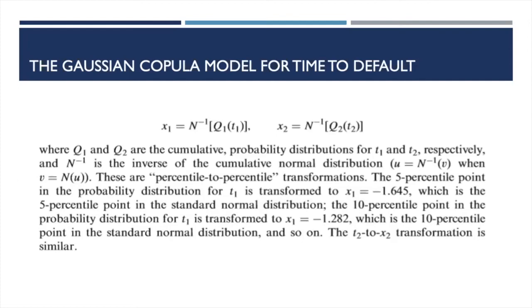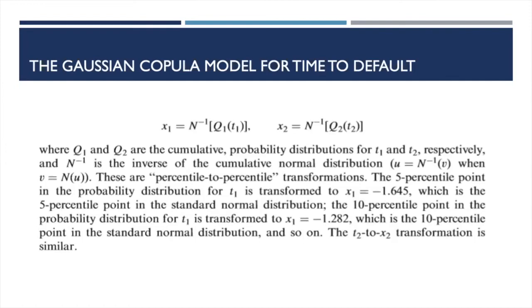The model assumes that the joint distribution of x1 and x2 is bivariate normal. This assumption is referred to as using a Gaussian copula. The assumption is convenient because it means that the joint probability distribution of T1 and T2 is fully defined by the cumulative default probability distributions Q1 and Q2 for T1 and T2 together with a simple correlation parameter.